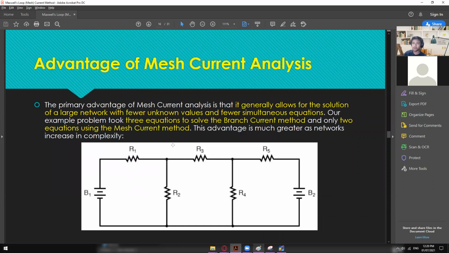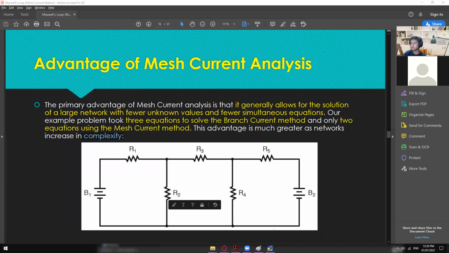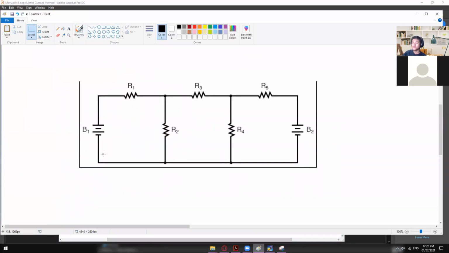So let me now show you guys the main advantage of mesh current analysis. For example, we just have this kind of circuit right here. If we use Kirchhoff's law, this will give you how many equations?